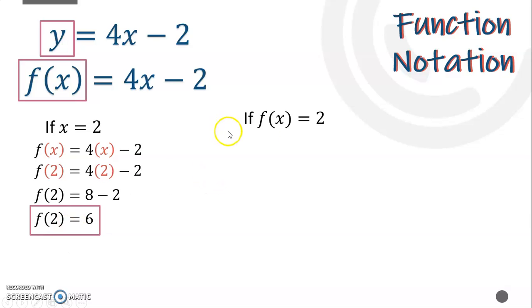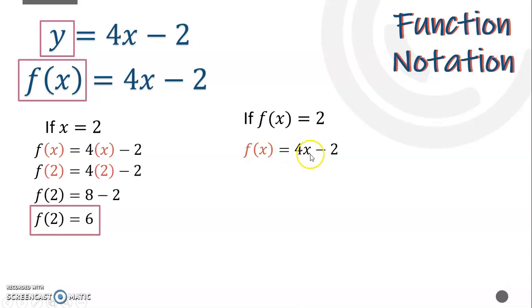Now let's see another example. When they tell you if fx equals 2, as you can see, it's something a little bit different. Why? Because in the first one they just ask you when x equals 2, but here it's different because they tell you when fx equals 2. So you will replace the value of fx and not just the value of x.